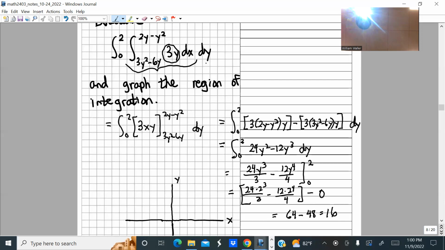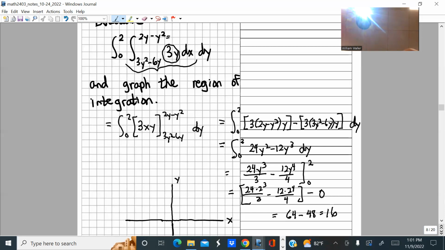Now, what does the region of integration for this double integral look like? Remember, you use your boundaries of integration, and they will define a region in the XY plane. These limits of integration are a little bit difficult.